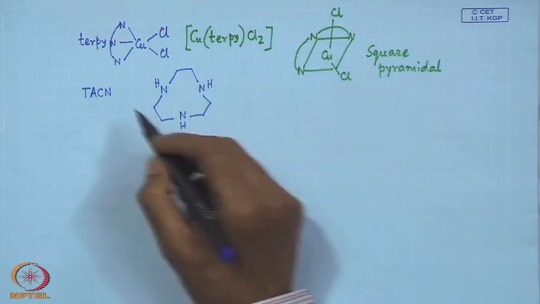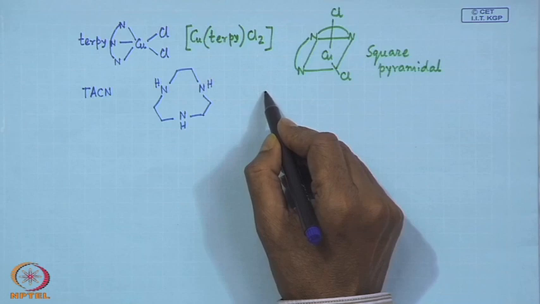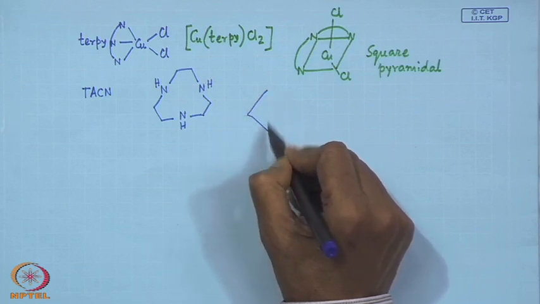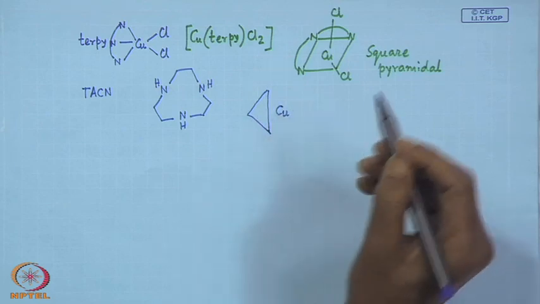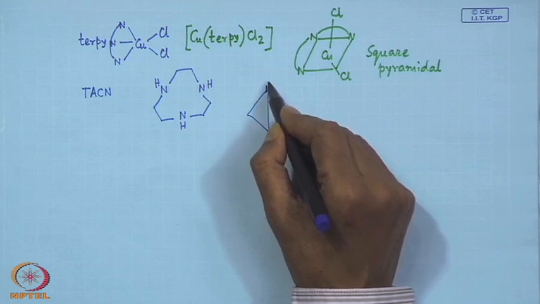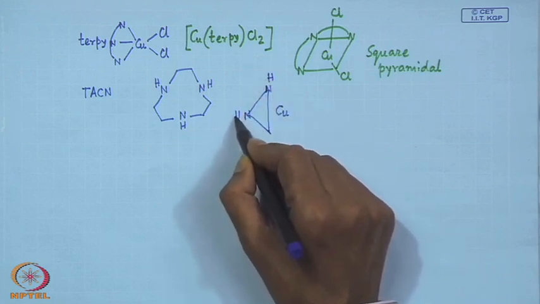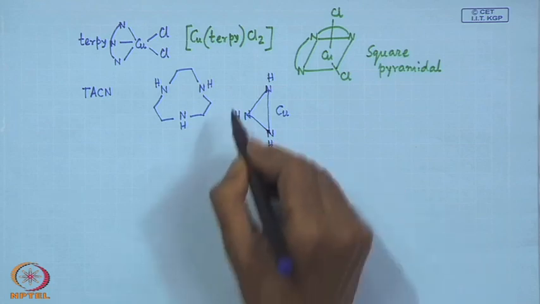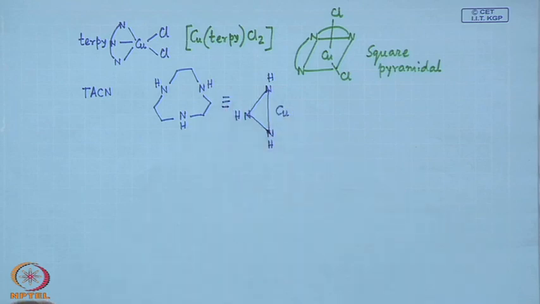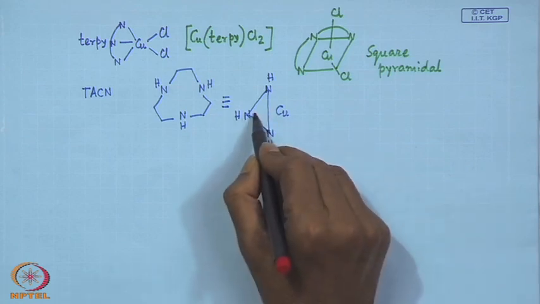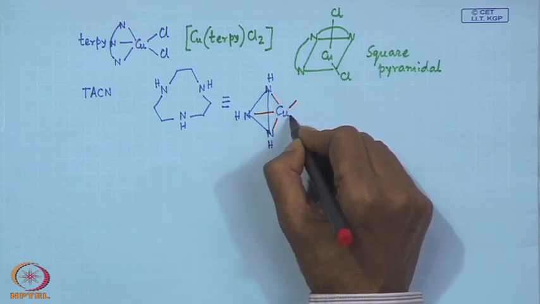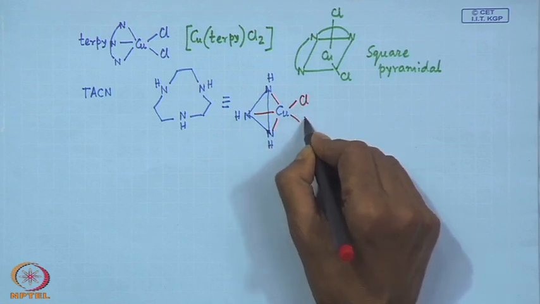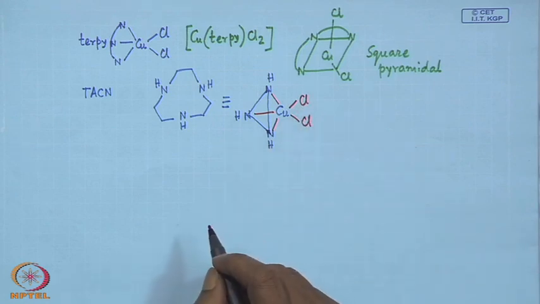Instead, it can go for one particular face. So, if we have a triangular face on one side of the copper, and this is copper, this is one NH, this is the second NH, and this is the third NH of the TACN. So, TACN is going to bind to the copper center, and we have 3 copper-nitrogen bonds, and 2 chlorine bonds to copper also.